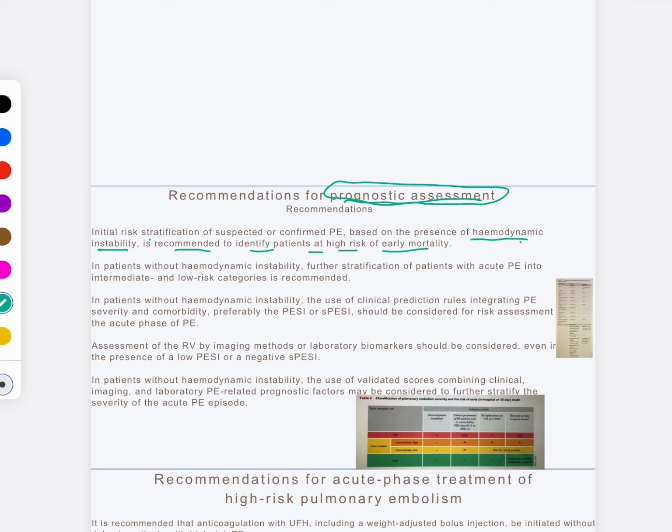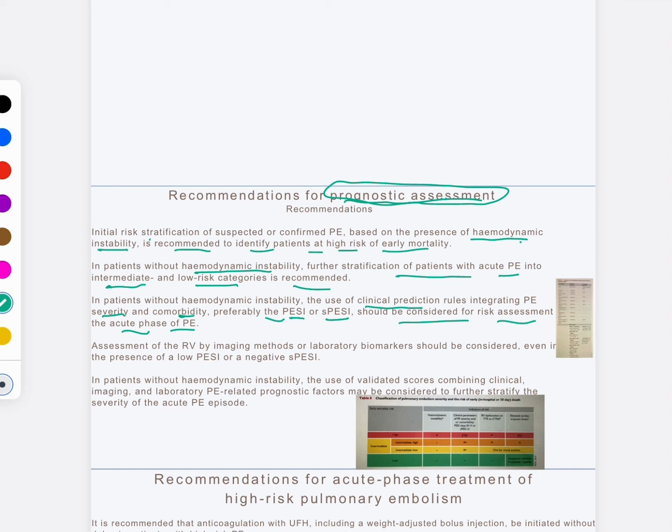In patients without hemodynamic instability, further stratification of patients with acute PE into intermediate and low risk categories is recommended. The use of clinical prediction rules integrating pulmonary embolism severity and comorbidity, preferably PESI or simplified PESI, should be considered for risk assessment of the acute phase of PE.